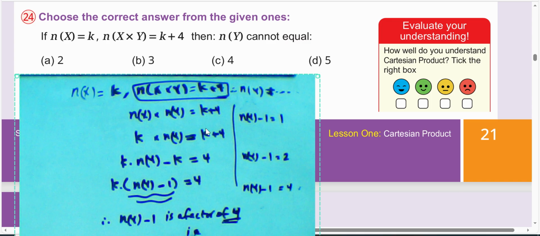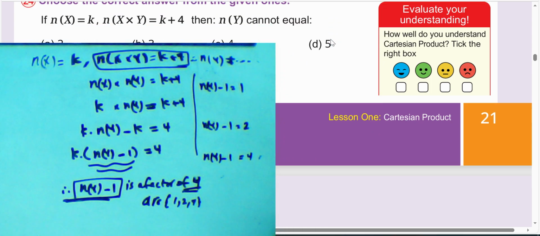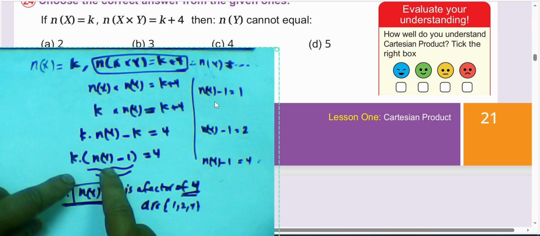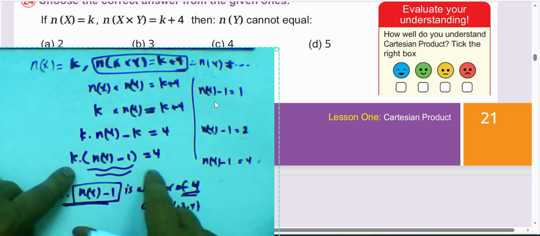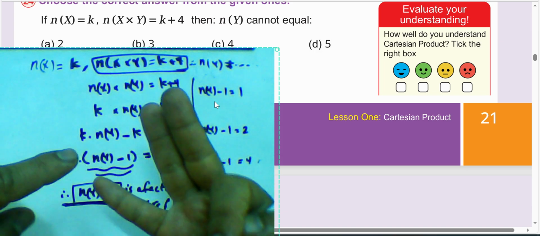Factors of 4 are 1, 2 and 4. Then the number of elements in Y minus 1 may equal 1 or 2 or 4. We have three solutions here. So my students, we have three solutions, because two factors multiplied together equal 4, and this factor may equal 1 or 2 or 4.